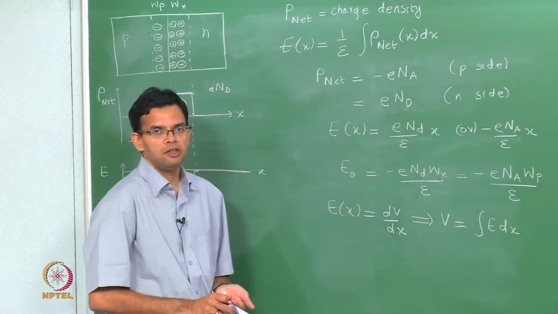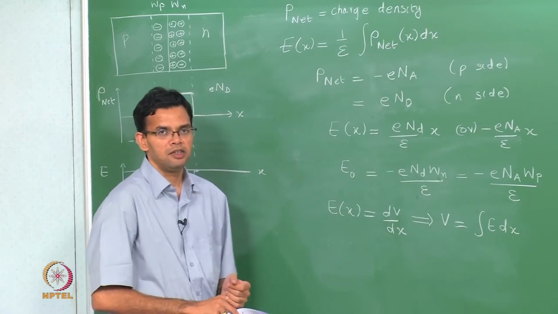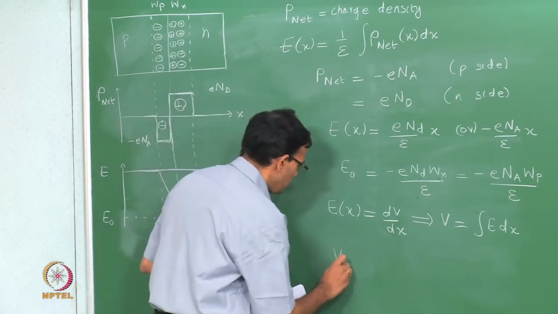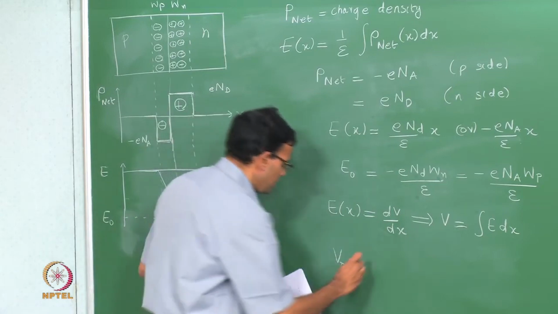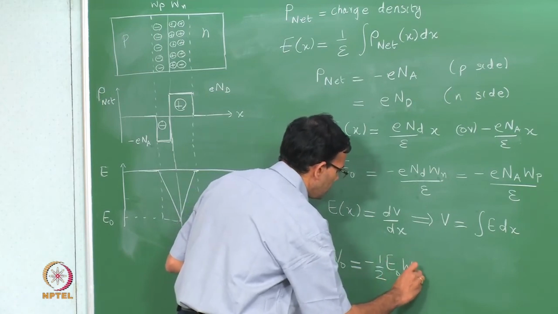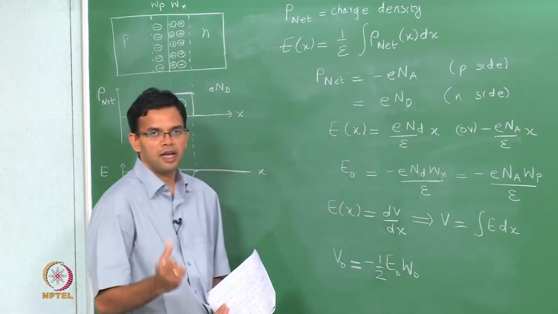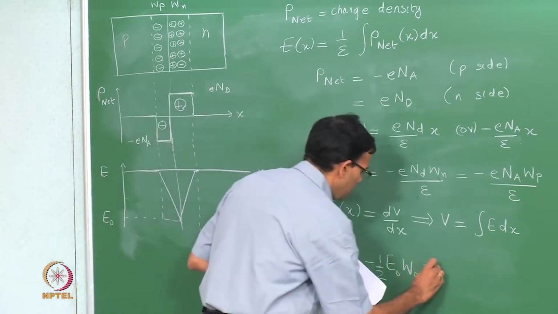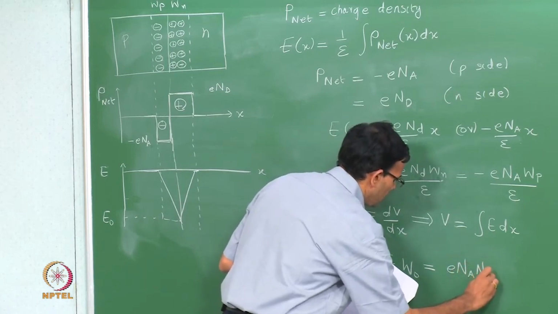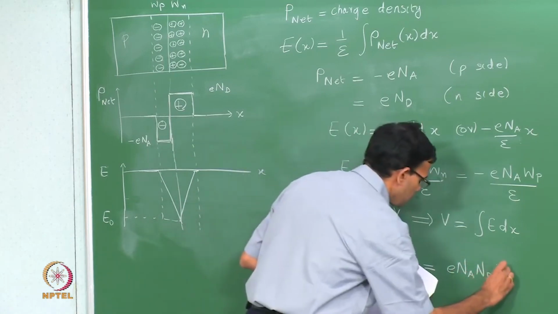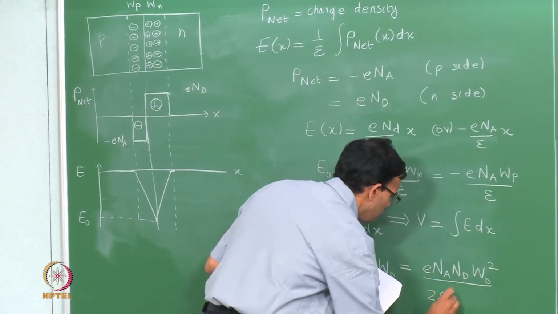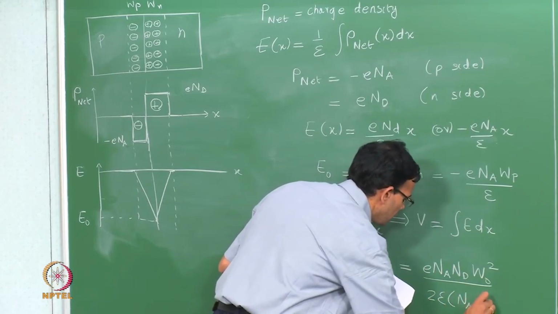The total potential, which is the contact potential we are interested in, goes from the P side to the N side, and V naught is nothing but minus 1/2 E naught W naught, where W naught is the entire width of the depletion region. That is equal to e NA ND W naught square over 2 epsilon times (NA plus ND).